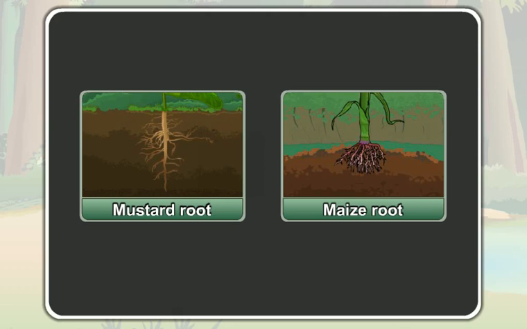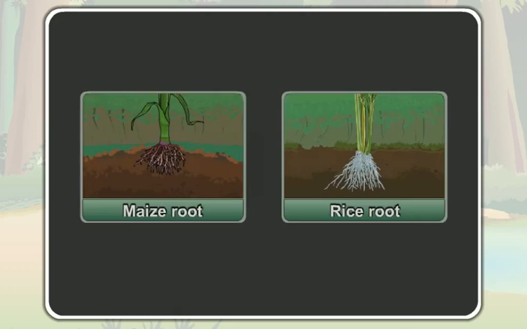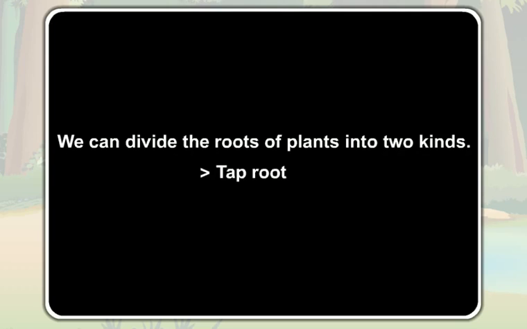So, the roots of some plants are not similar, while the roots of some plants are similar. We can divide the roots of plants into two kinds: taproot and fibrous root.